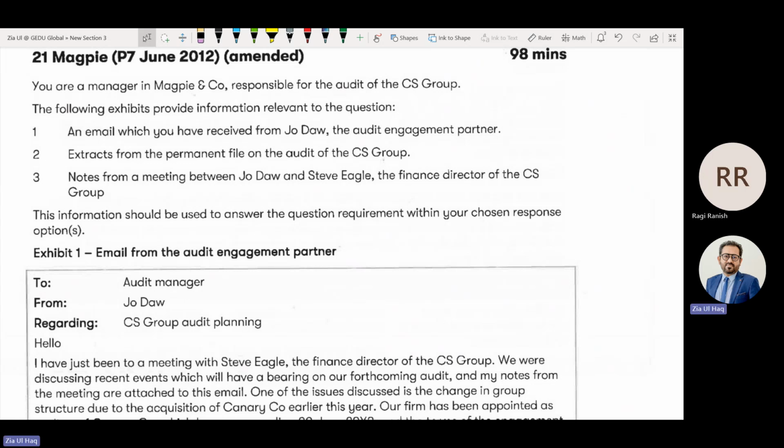Information was not summed up, and it was a difficult question, involving some accounting standard knowledge as well. Even the requirements were tricky to understand, what he's asking for.